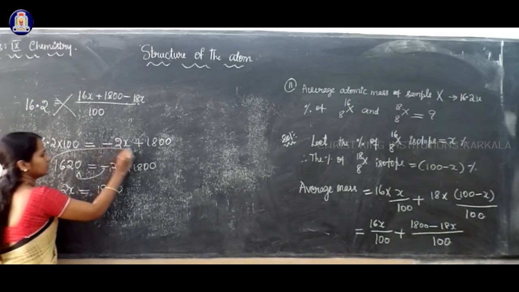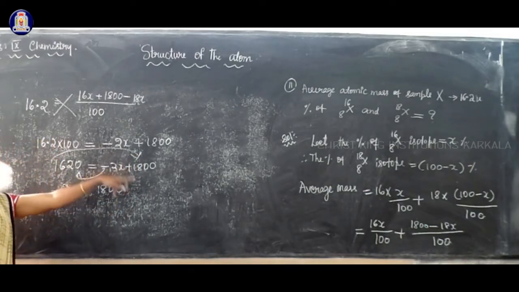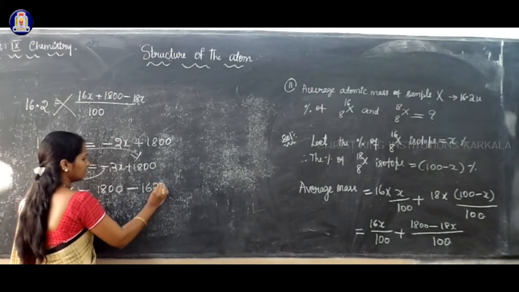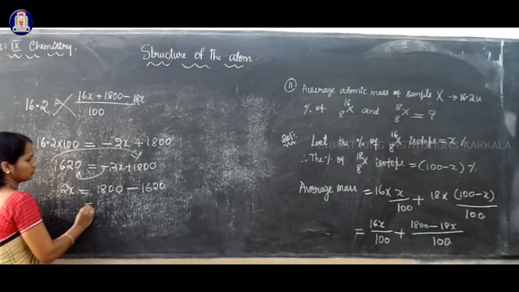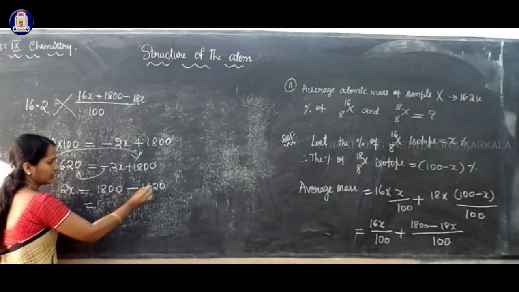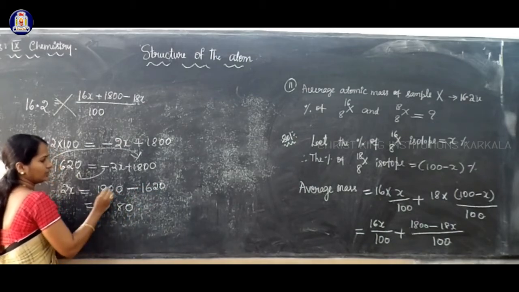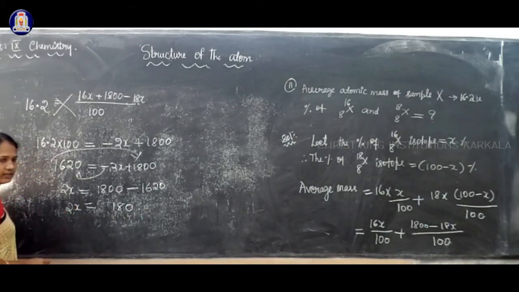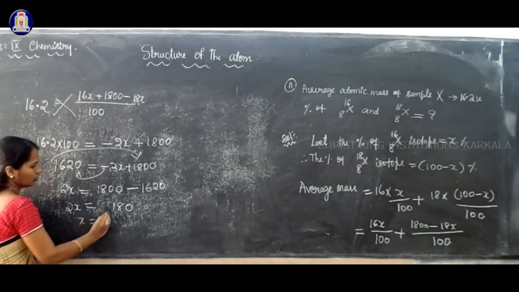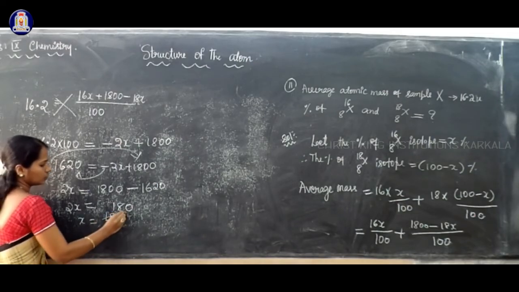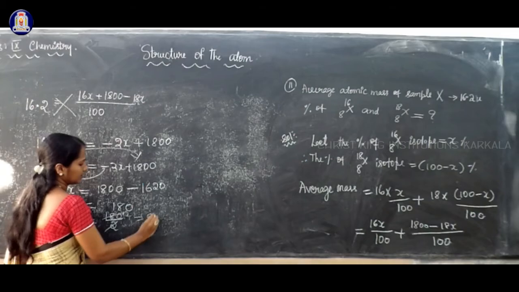Now minus 2x, bring this side, it will be plus 2x, which is equal to 1800. The 1620 take to that side, it will be minus 1620. Now subtract: 0 minus 0, 0; 10 minus 2, 8; 7 minus 6, 1; 180. That is 2x equal to 180, therefore x equal to 180 divided by 2, that is 90.